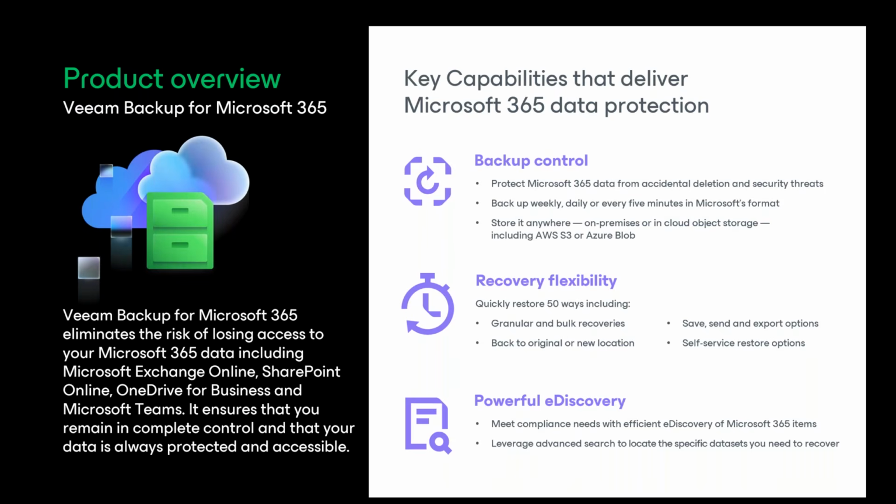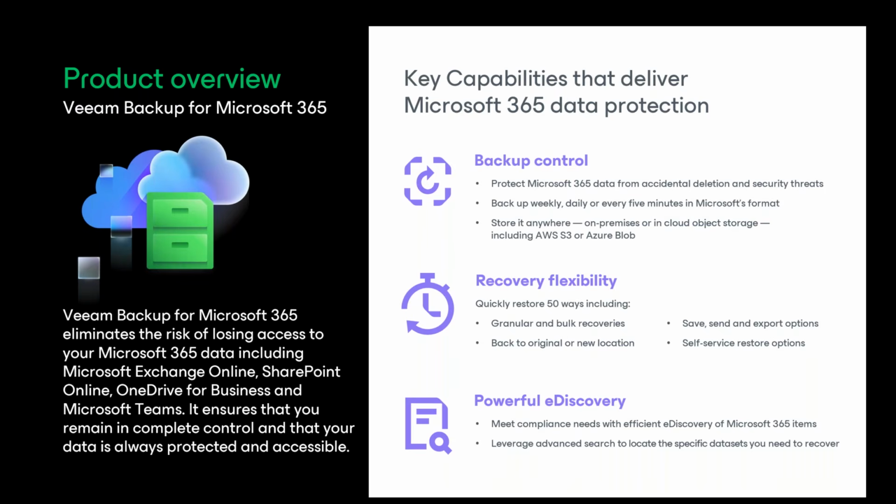We do obviously want to make sure we have access to our data, but we want to make sure it's nice and secure. So some of the key capabilities that deliver our Microsoft 365 data protection: we're going to offer that backup control. We can protect your Microsoft 365 data from any accidental deletion and security threats. You can back up weekly, daily, or even every 5 minutes in Microsoft formats.